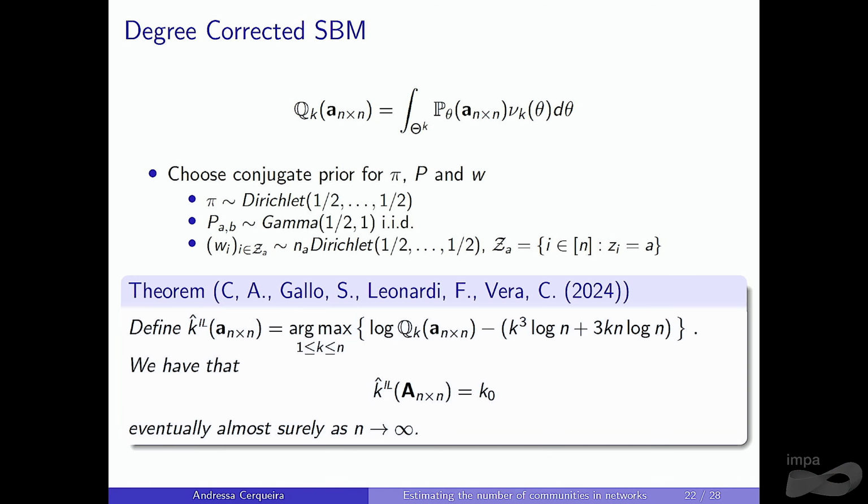And why? Because when you write this quantity, let me take this expression here, and I integrate it out, I'm kind of already penalizing when I do this. So I don't need to penalize again, right?